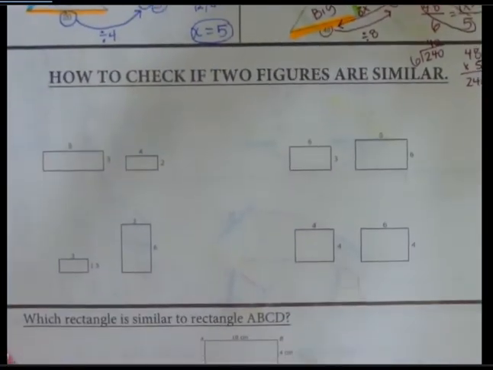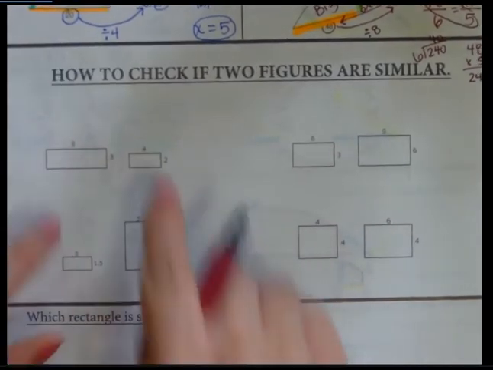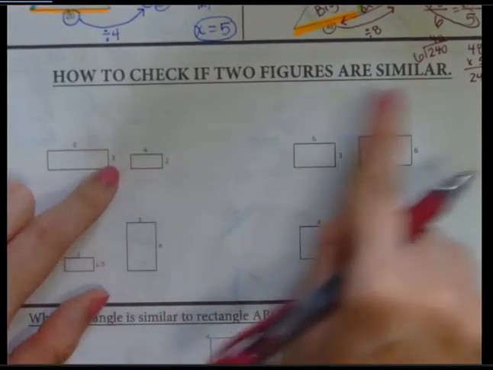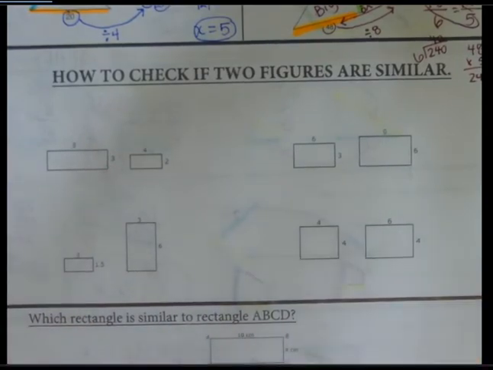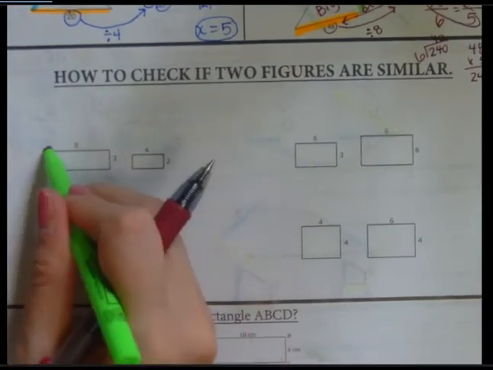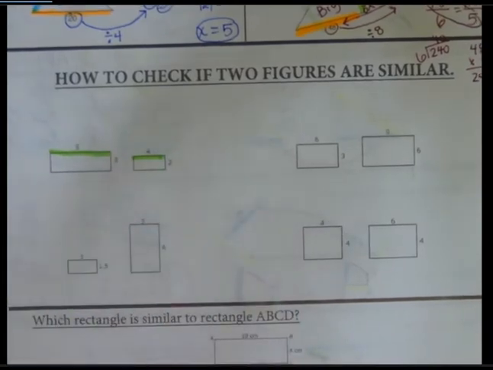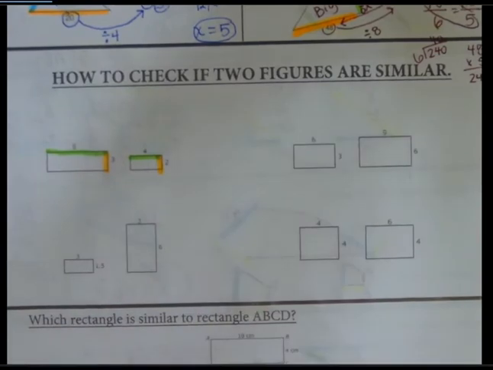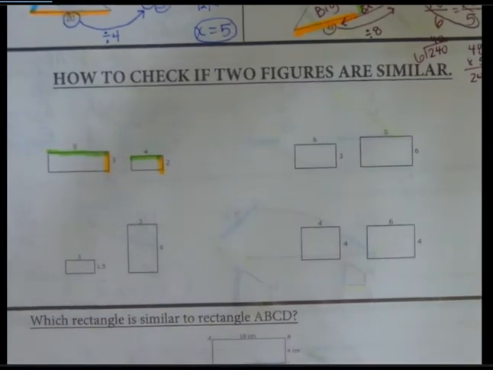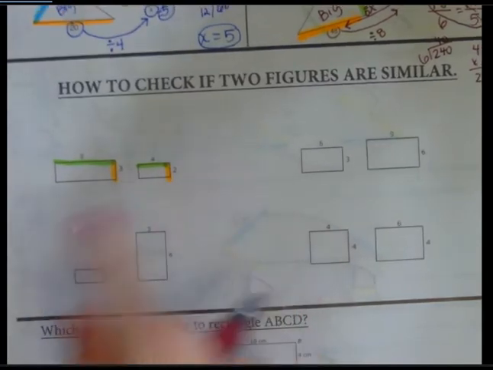Moving on, how to check if they're similar when they give you two shapes with all of the sides, and you want to check if they're similar. Well, what you can do is match your corresponding sides, 8 with 4 and 3 with 2. So you can go vice versa.